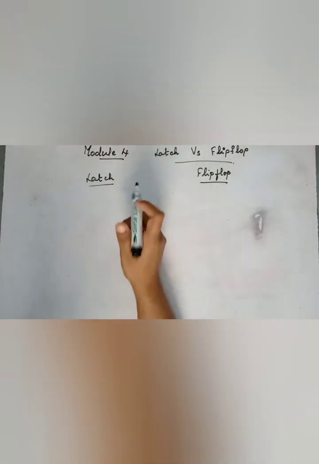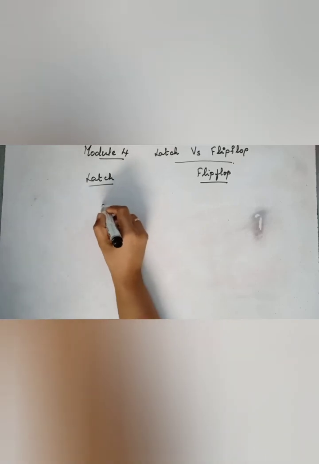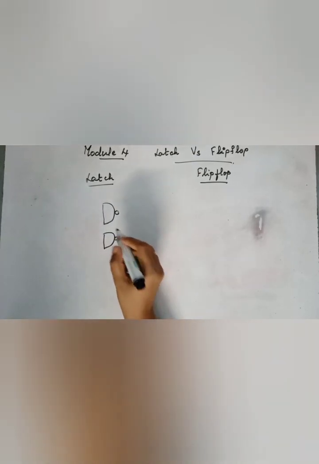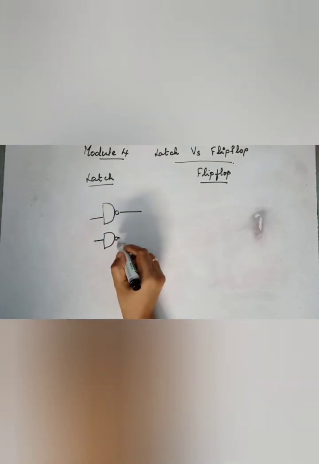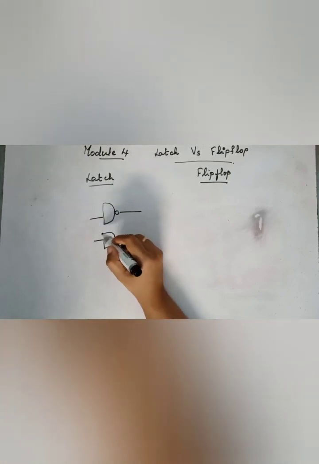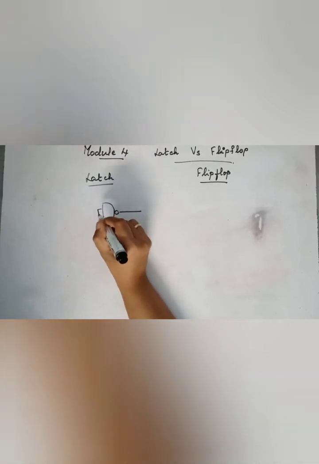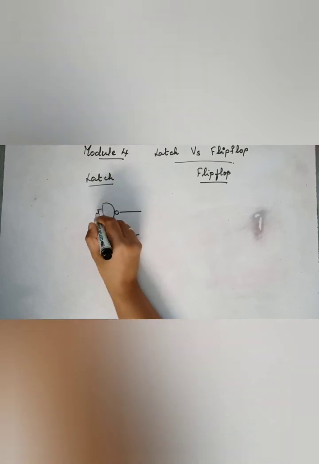Now the basic latch is formed using either an AND gate or a NOR gate, and it is something like this. Here you have two inputs. Here also we have two inputs. We are shorting that.